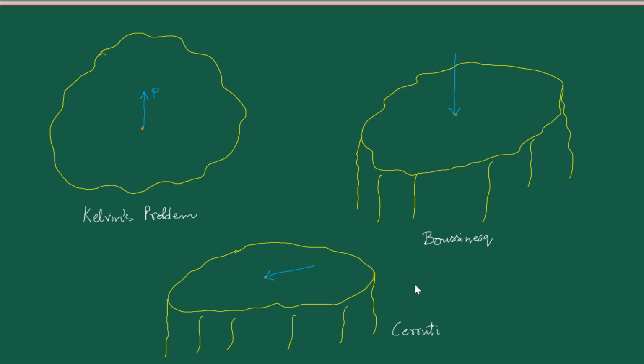Now, because each of these problems is quite involved, we'll perhaps only be able to address Kelvin's problem in full detail. Okay, and we'll see if we can discuss something in a simplified fashion associated with the Boussinesq and the Cerruti's problem.